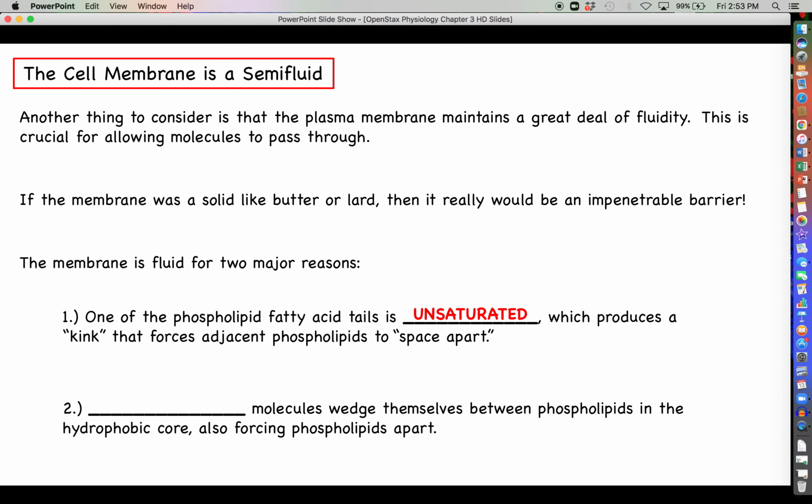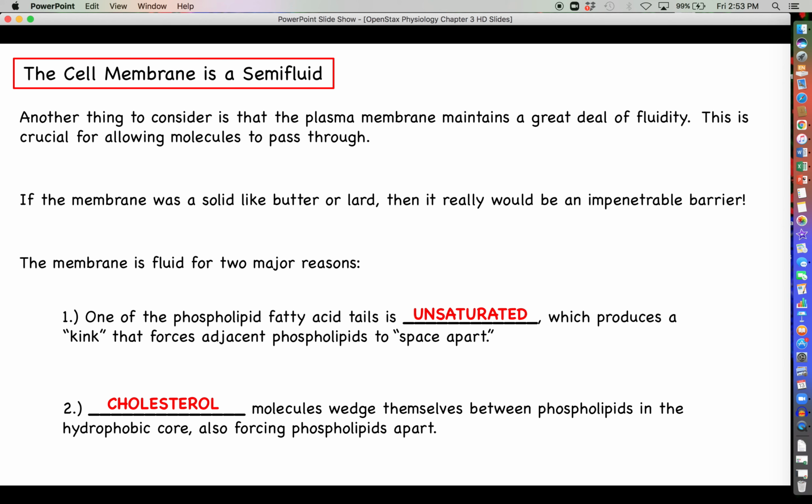The other reason is that cell membranes contain another type of lipid that you learned all about in Chapter 2, which is cholesterol. Cholesterol molecules actually wedge themselves in between phospholipids, and that also spaces the phospholipids out and keeps the melting temperature of the membrane right where it's supposed to be.